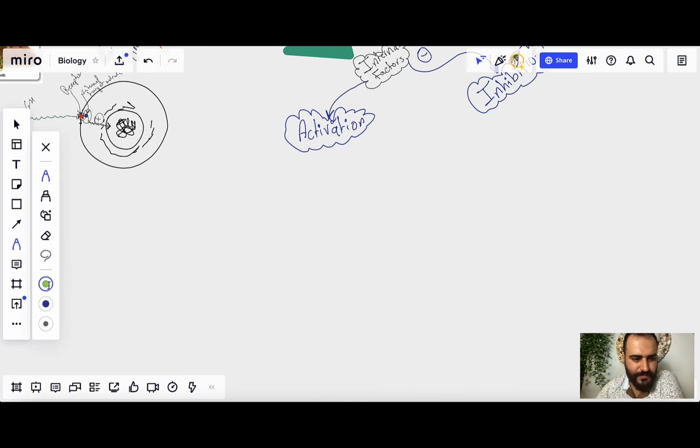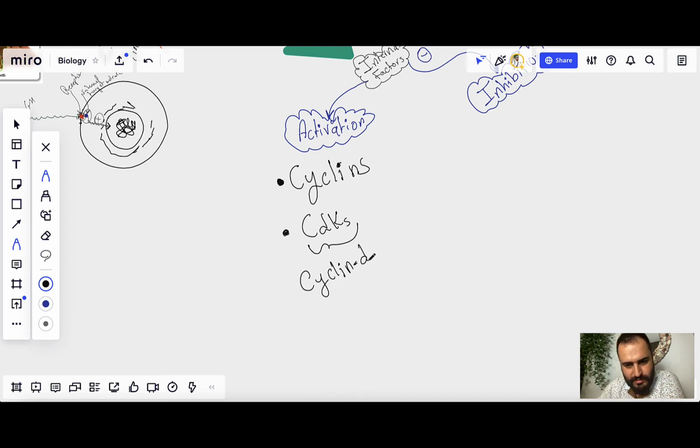We call them cyclins, which are of 4 types, and CDKs, or cyclin dependent kinases. So these are two different proteins that work together in order to activate cell division.